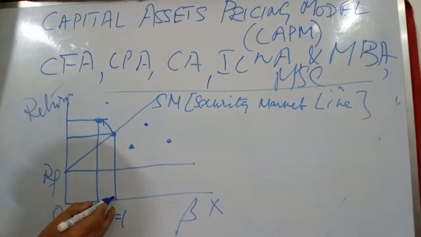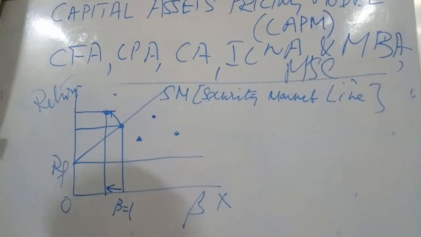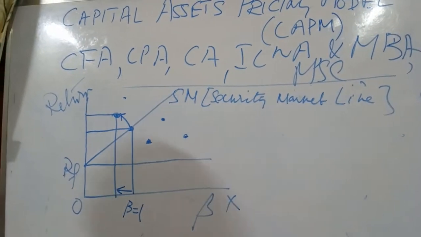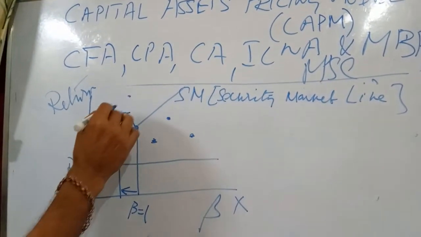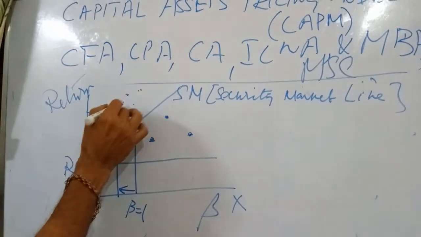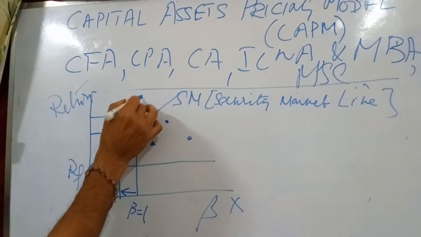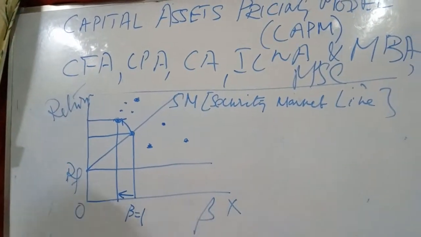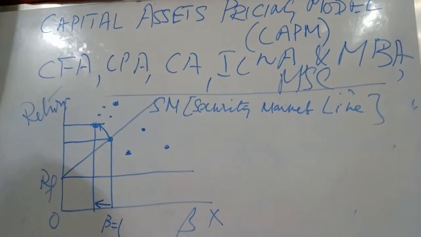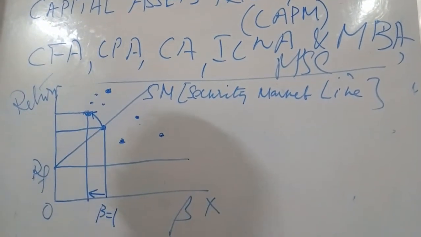His risk is falling. The same logic applies to other stocks lying above this line. Correct?